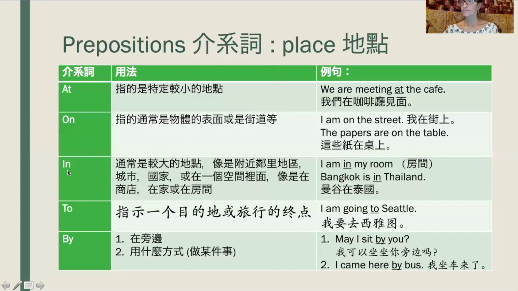In is a little bit larger. In is referring to being in a place larger than at. Okay, so I'm at the cafe, but I'm in my room. In my room, at the cafe.